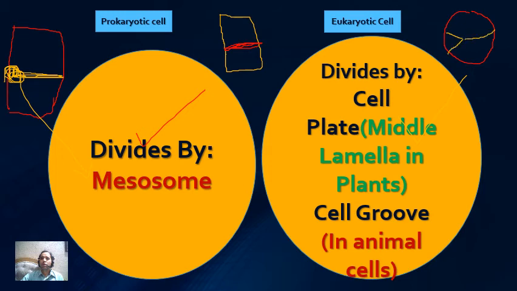It invaginates from one side and also from the other side, and it then divides the cell into two equal halves. Unfortunately, this is not working. This is, for example, one cell, and this is another cell. This is the region of invagination. It is called the cell furrow.